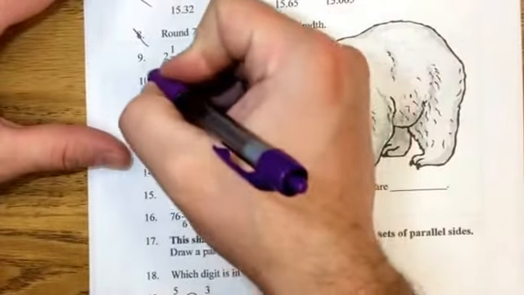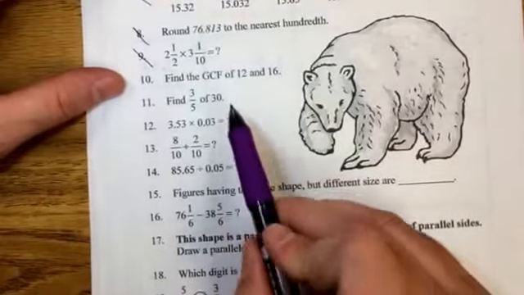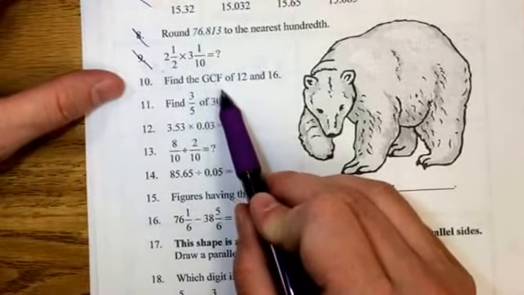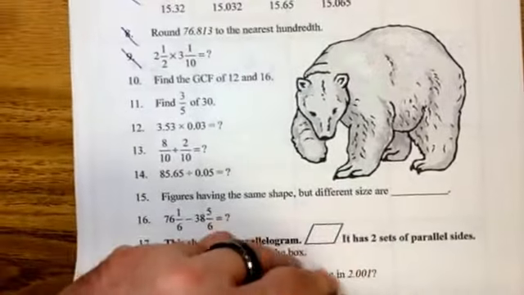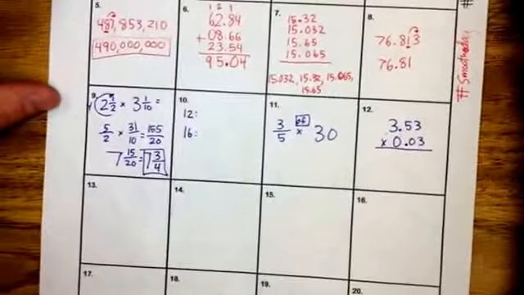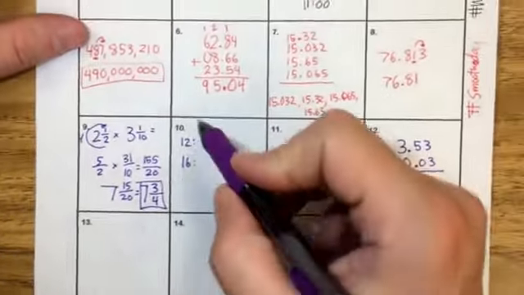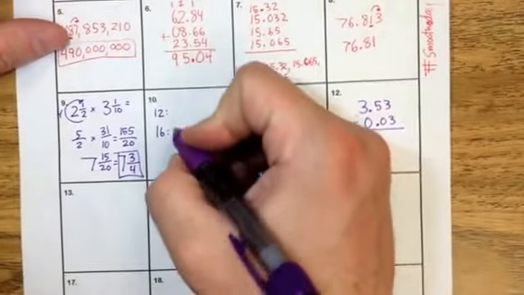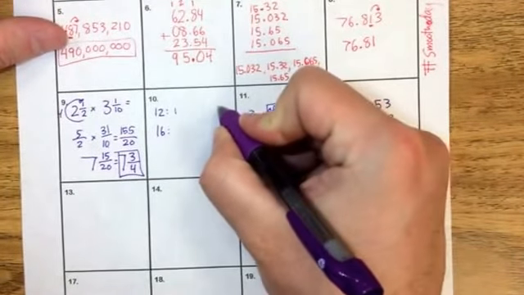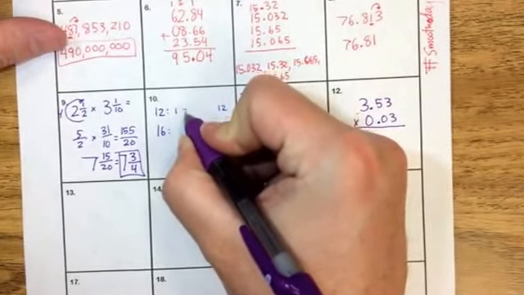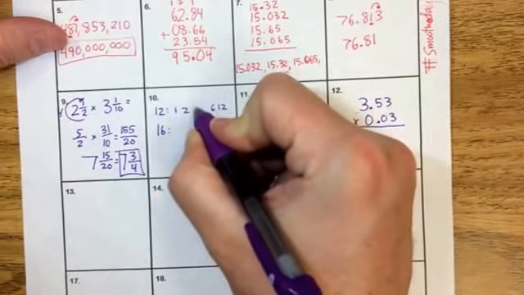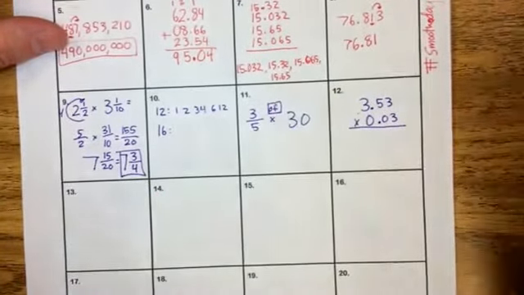For number 10, they want us to find the greatest common factor of 12 and 16. And remember, your factors are the numbers that you actually multiply together to equal these digits here. So my factors of 12 are 1 and 12, 2 and 6, and 3 and 4.